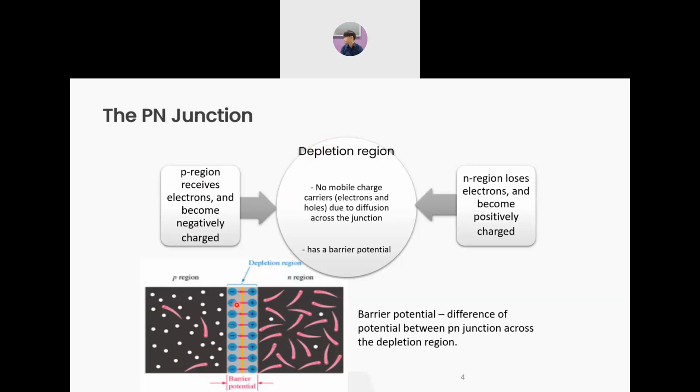Then you will have a depletion region, where there are no longer mobile charge carriers due to diffusion across the junction, so we will have a barrier potential.